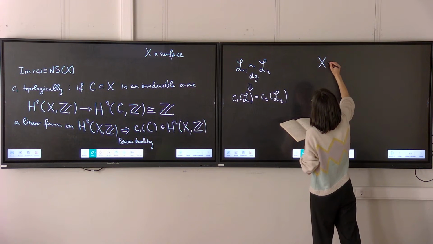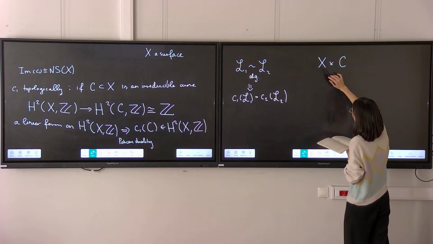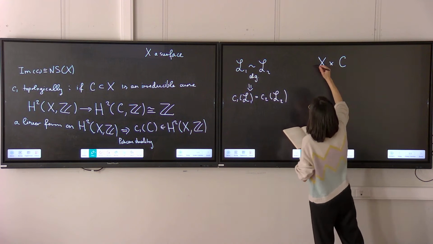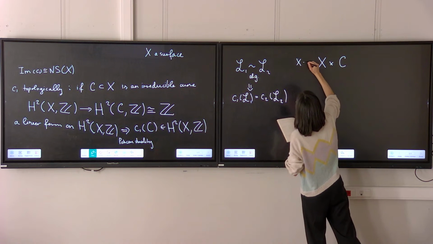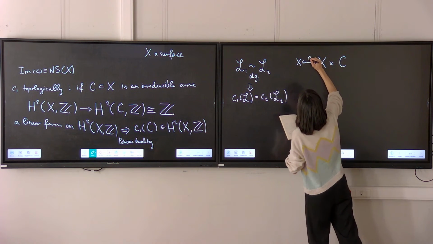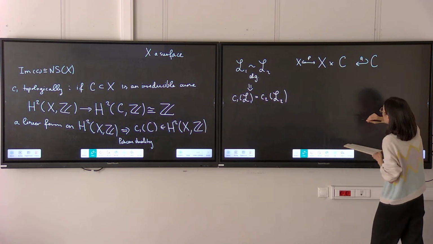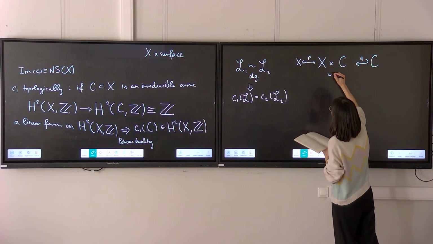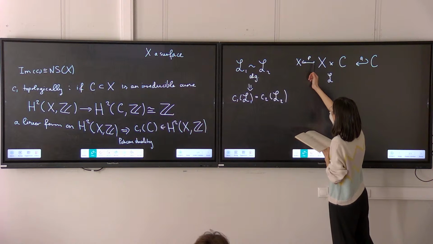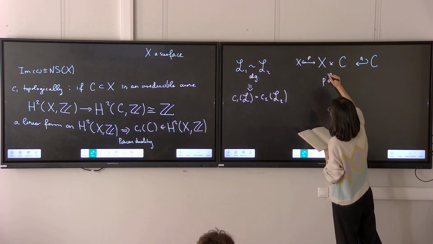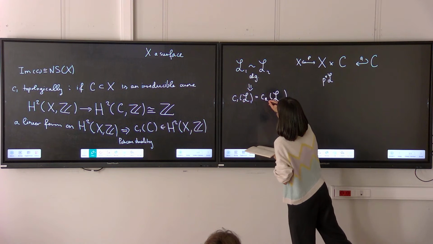So we have a curve C, right? We have a surface X here, and we have two embeddings of X using two points of C. And there was a line bundle L that was restricted to them.